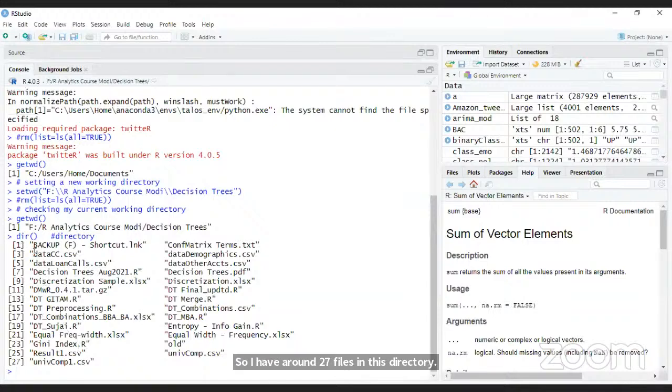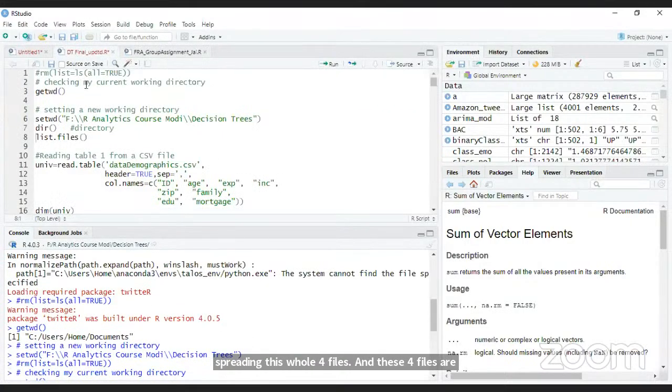What I mainly look at is data credit card, data demographics, data loans, and data other accounts. So these are the four files I am interested in. My data is spread in these four files, and these four files are present in the set working directory. So I am fine with it.